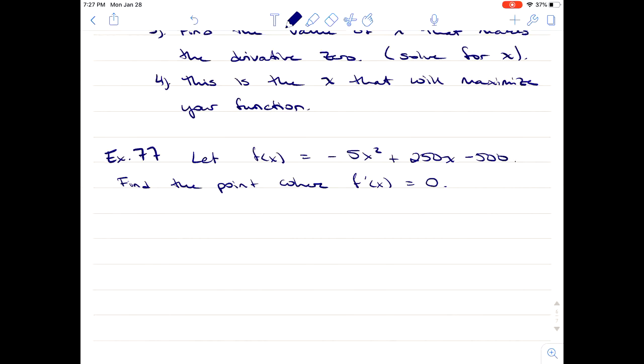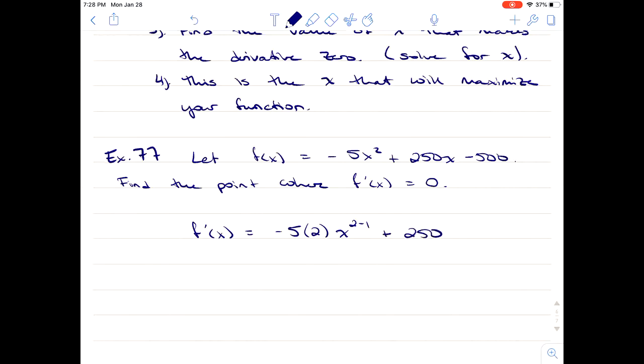So what we're going to do is find the derivative of f of x. And so we'll start there. F prime of x is negative 5 times 2x to the power of 2 minus 1. Just jumping straight to the derivative, where I've just given it a bump, and I imagine bringing all these powers down in front. Plus 250.